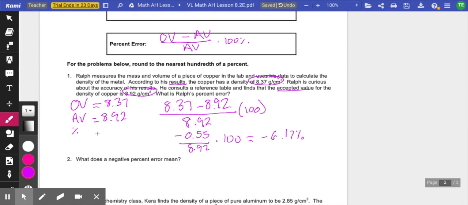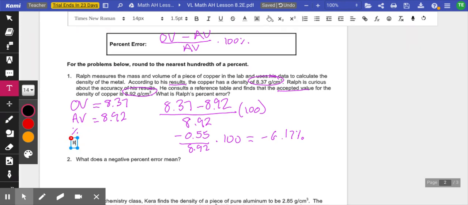So Ralph's percent error is negative 6.17%.